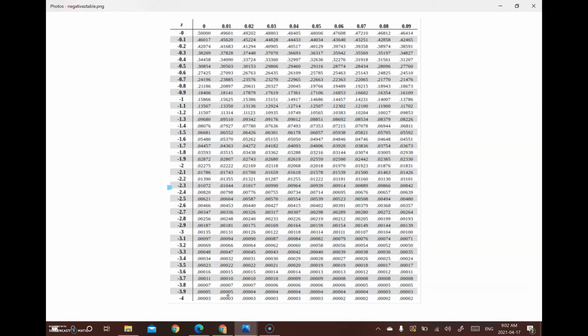We have negative 2.35. Here's my negative 2.3, and this is my column for 0.05. I'm going to run my finger through until I match up, and it's 0.0093.